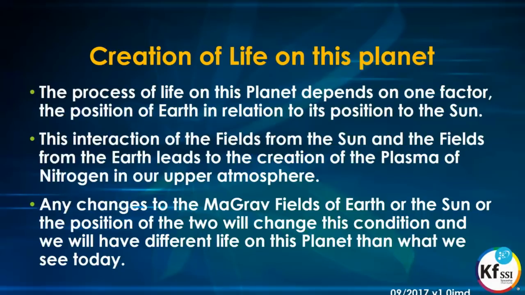So if we understand any changes to the magnetic fields of Earth or the sun, the position of the two is going to change this condition, and then we will have very different life on this planet than what we'd see today. So it all comes down to the positioning of the Earth and the sun, just like the positioning of the two magnets.